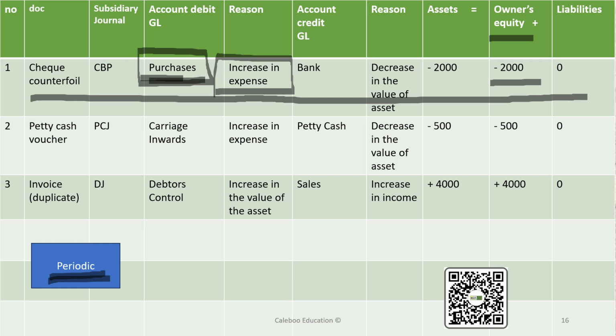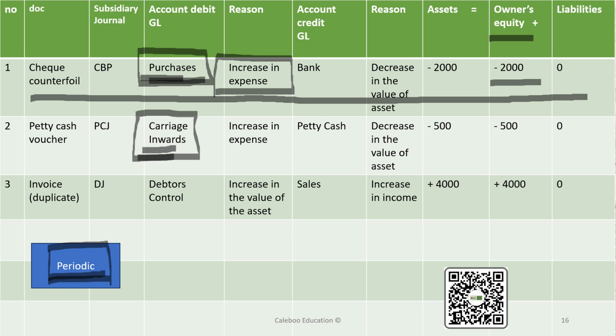So what I'm telling you now are the differences that a periodic system has as compared to the perpetual inventory system. The second difference, any costs that are a result of stock being transported to our premises, custom duties, any taxes, import duties, they are recorded in the periodic inventory system separately.